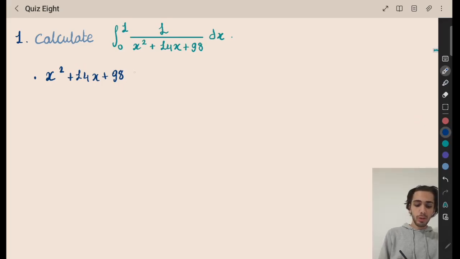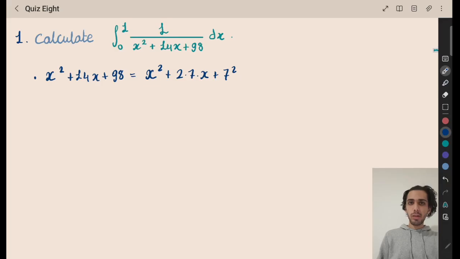But it would be so nice if we just had x squared plus 14x plus 7 squared. I mean, by 14 I mean 2 times 7 times x. That would be so nice, right? Because then I can just write this as x plus 7 squared.